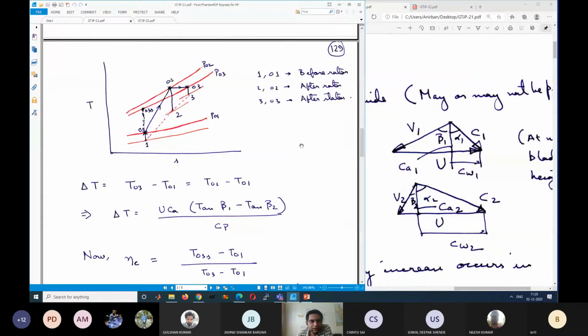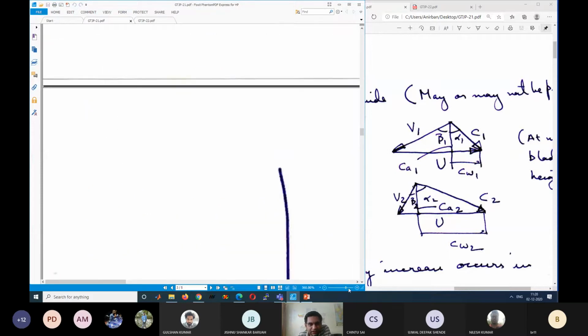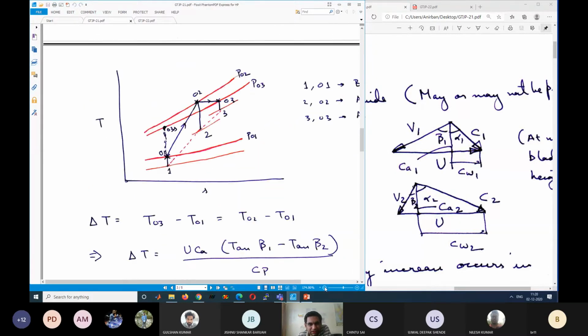So at the inlet of the rotor, what will typically be the kinetic energy? Let me increase the size of this. Later we will go to the relation because this diagram is very important. At the inlet of the rotor, will it be high or low, the kinetic energy? It will be low.